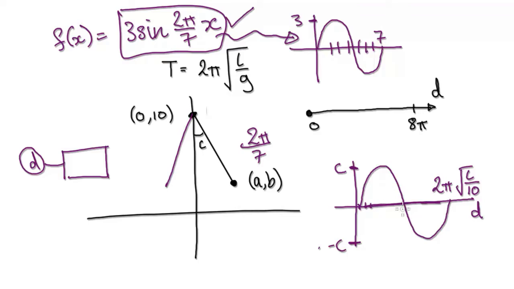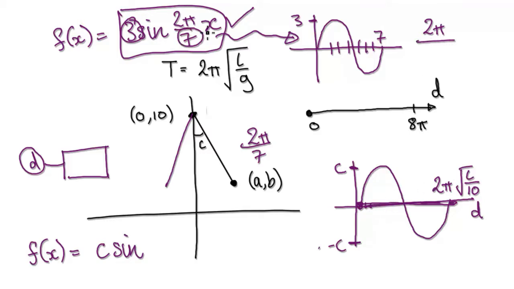So we're going to use the same technique here. If we want the formula for this function, we know the amplitude would be c, so it's going to be f of x equals c sine something, and it's going to be c up here and negative c down here. And then to get the period, we would get the whole length here, which is 2 pi, and then just like here, where we cut it up into 7 equal pieces, we cut it up into this many pieces.